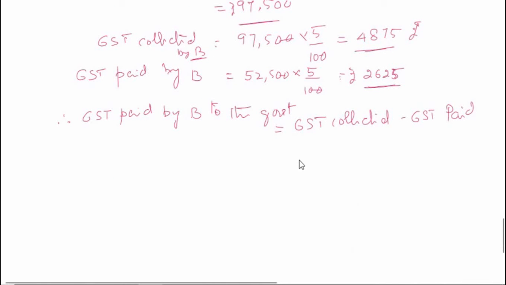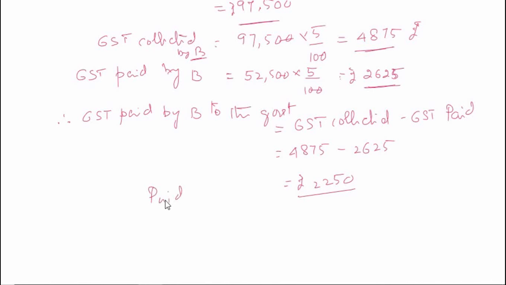So GST collected is 4,875. GST paid to dealer A is 2,625. So the net GST he has paid to the government is 2,250. This is the net GST paid by B.